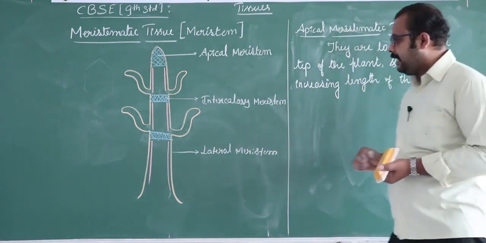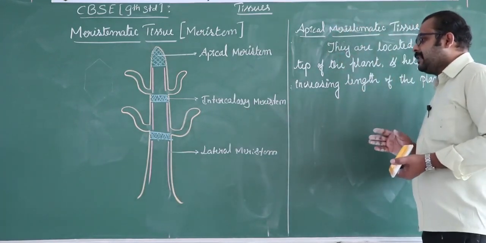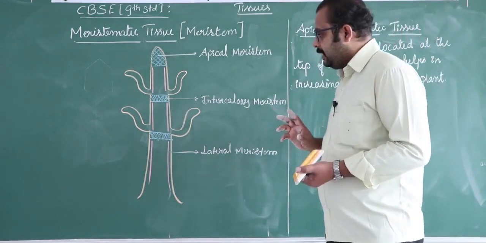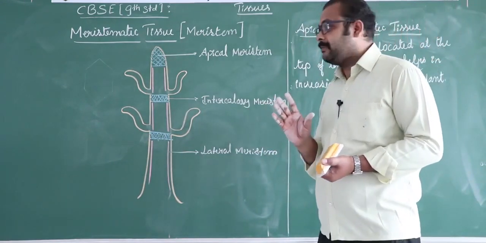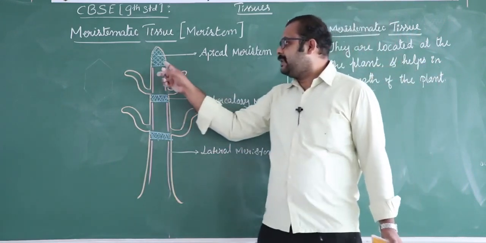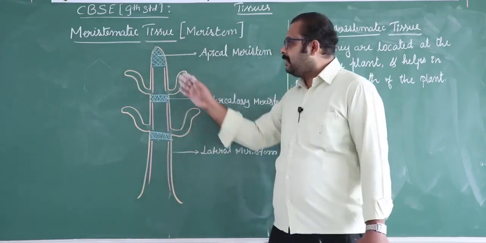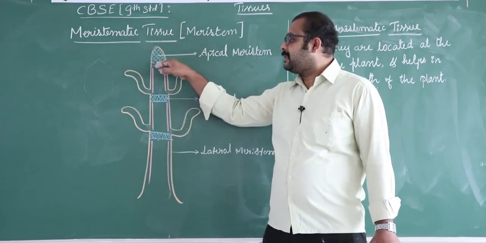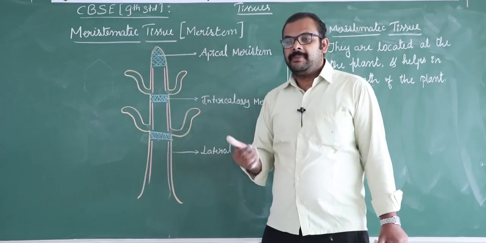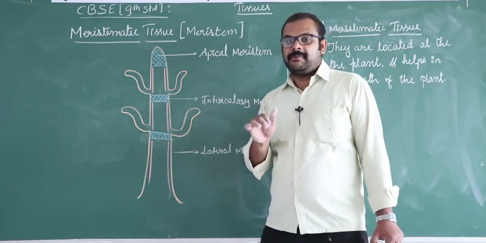Then the second one, intercalary meristem. These intercalary meristems are situated on either side of permanent tissues. See where they are located exactly. The apical meristematic tissue produces many cells which help in increasing length, and those cells at the bottom later get mature, stop dividing and form permanent tissues.